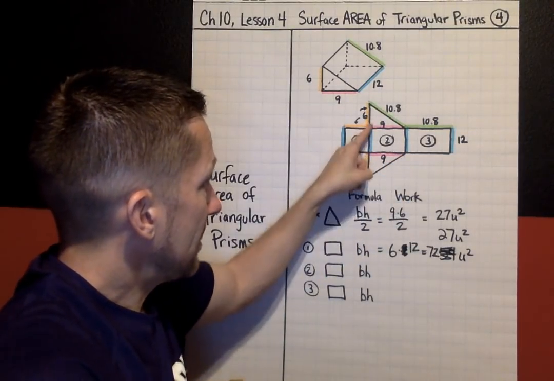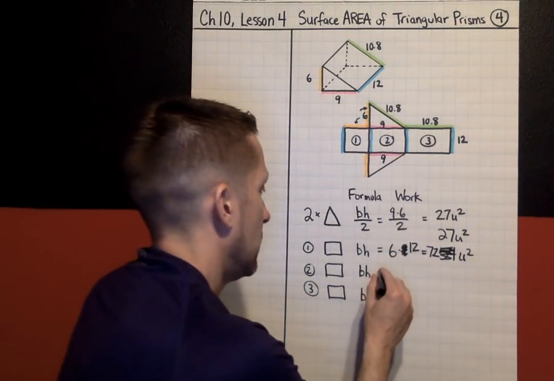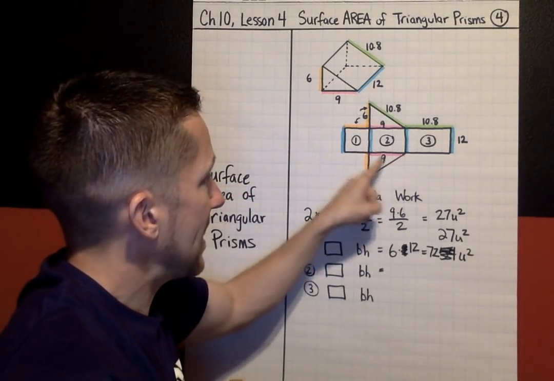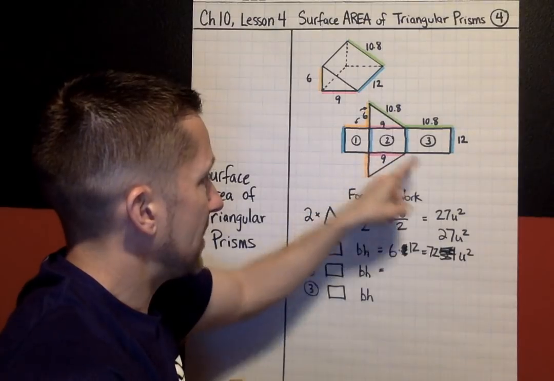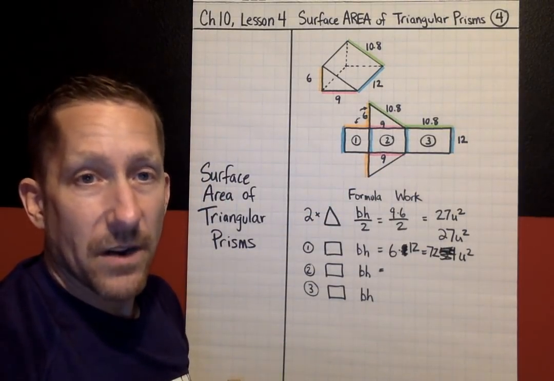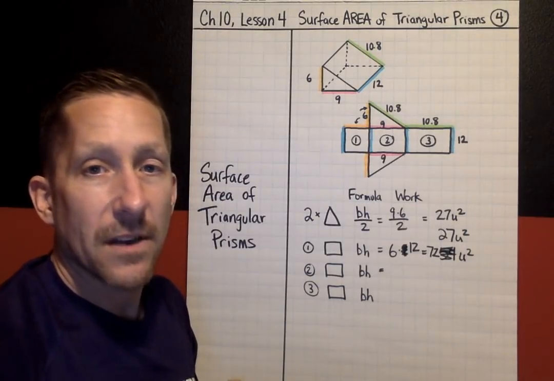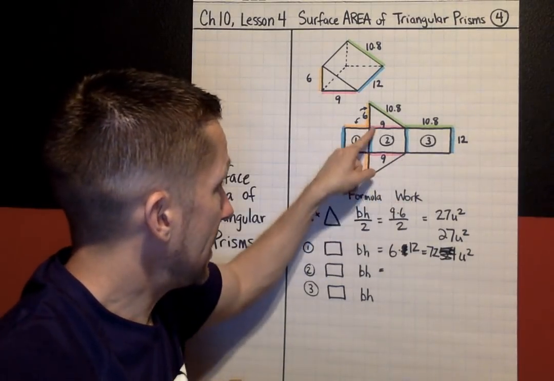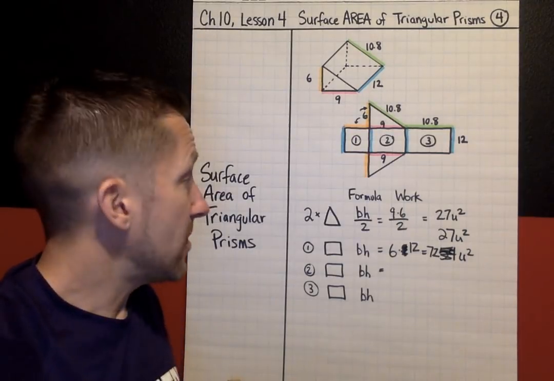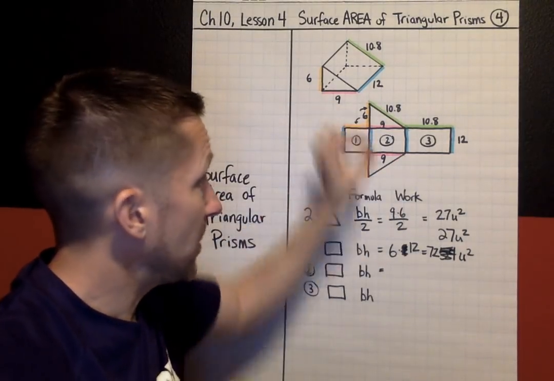Okay, now let's go to rectangle 2. Base is 9, the height is 12. Now I know some kids might think, well, if this is a 12 and that's a 9, that doesn't look right. Again, we're not going by looks. We are going by what we've labeled our drawings. This is a 9, that's a 12. Don't get hung up on that. In our drawing, this 9 actually looks bigger than the 12.